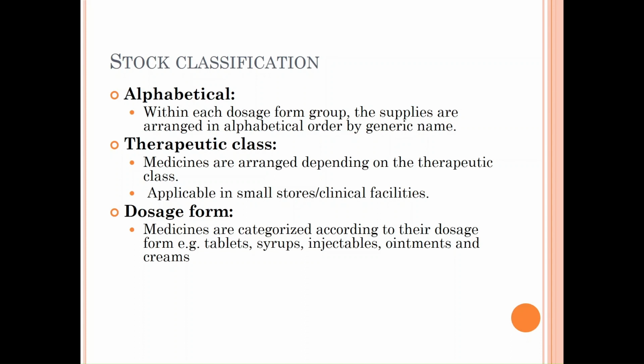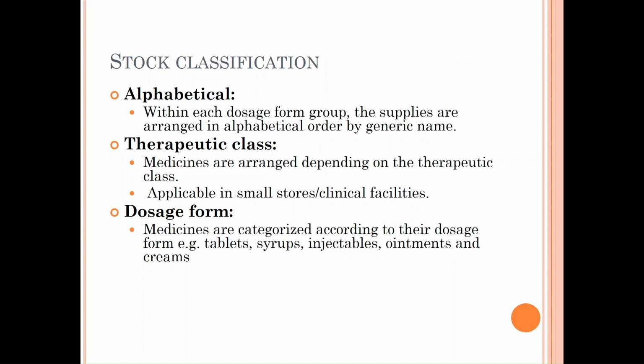And then dosage form, we see that medicines are categorized according to their dosage forms. For example, we have majorly three dosage forms. We have the tablets, we have liquids, and then we have semi-solids. Under tablets or solid dosage form, we have tablets, capsules, and lozenges. Then under liquid dosage form, we have syrups, solutions, suspensions, emulsions, linctuses, and then elixirs.